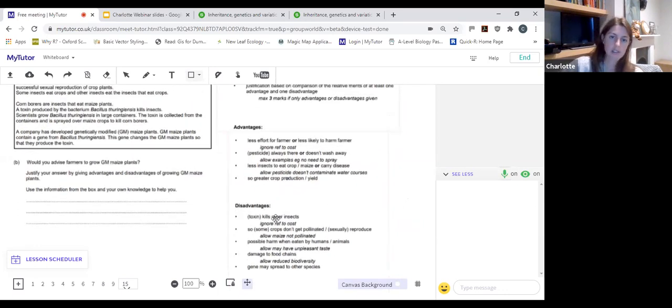So the toxin kills other insects, so some crops don't get pollinated, possible harm when eaten by humans, damage to food chains is another possibility, and the gene may spread to other species. Lots to go on there, and all you needed to do to get the full marks was to provide your opinion given advantages and disadvantages of that GM crop.